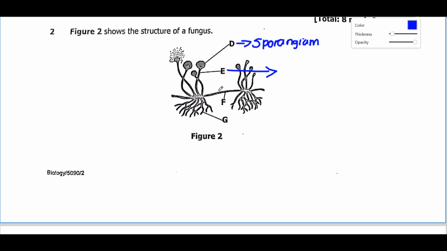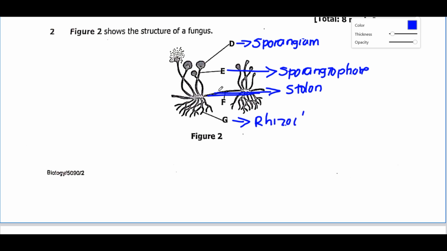Then structure E, which holds the sporangia, is what we call the sporangiophore. Then structure F, this horizontal one, is called stolon. So don't confuse stolon with structure G. Structure G is called the rhizoid.